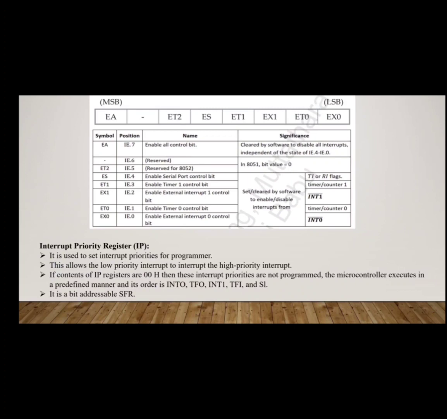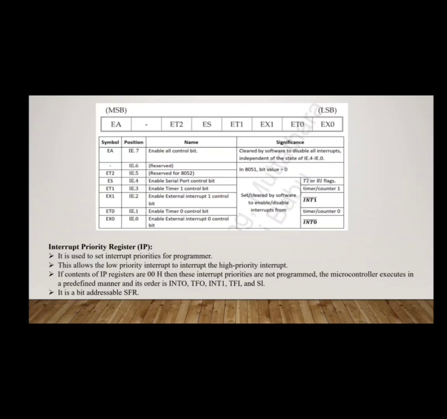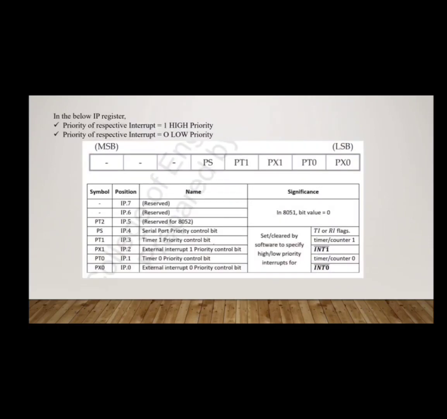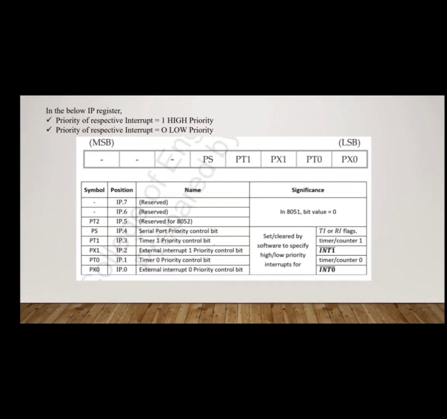So these are the interrupt priority bits. It is a bit addressable special function register. If it is 1, it has high priority. If it is 0, it has low priority. So we have the priority control bit of external interrupt 0, priority control bit of timer 0, priority control bit of external interrupt 1, priority control bit of timer 1.